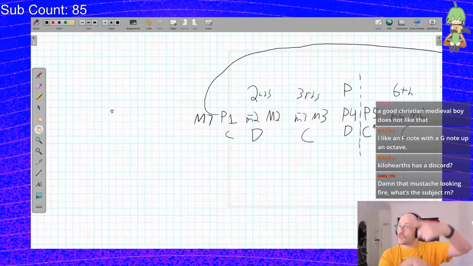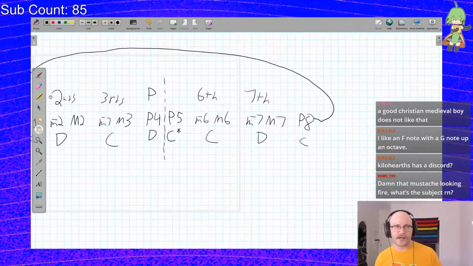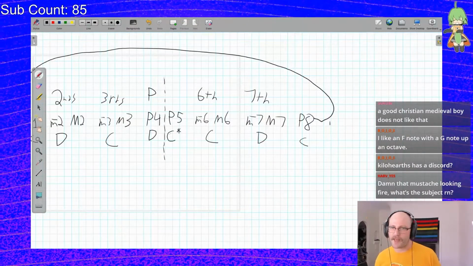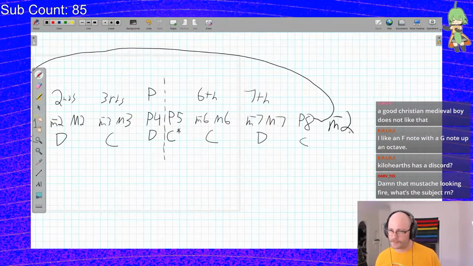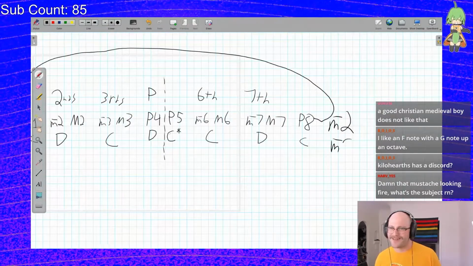It's a continuous loop going up or down, kind of like an Ouroboros. And same exact thing going up here. Above the perfect octave, we have a minor second. You could also see this as a minor ninth.